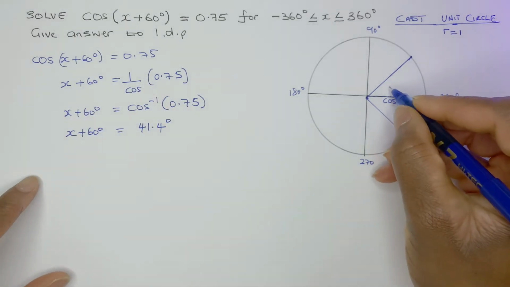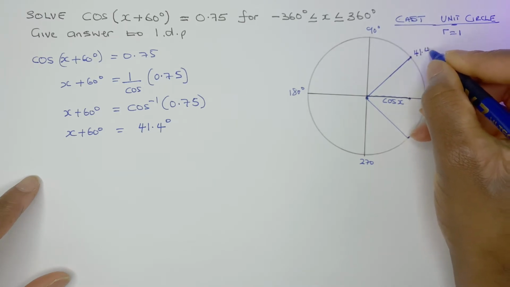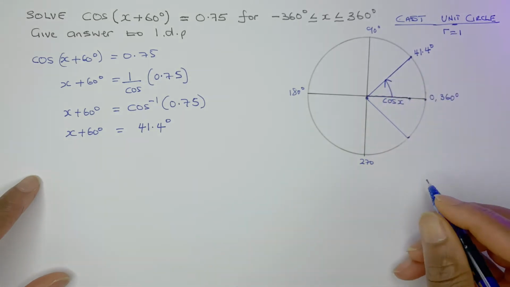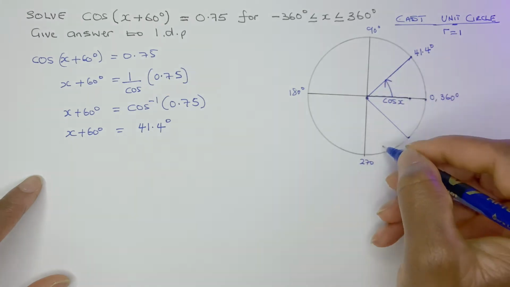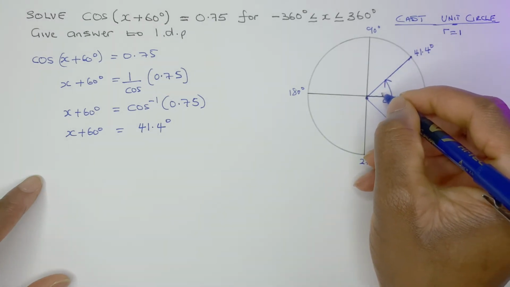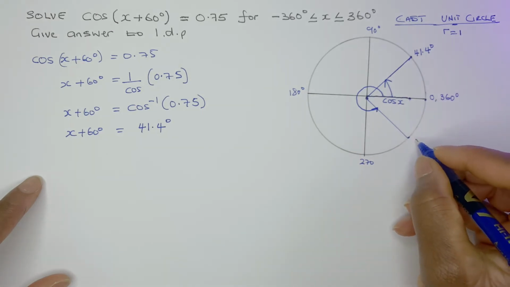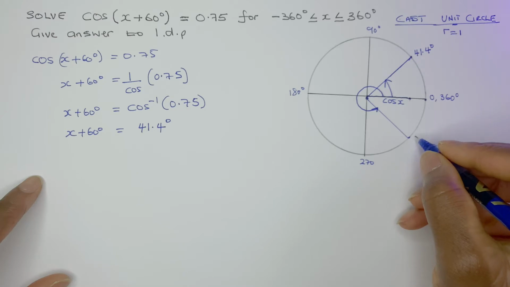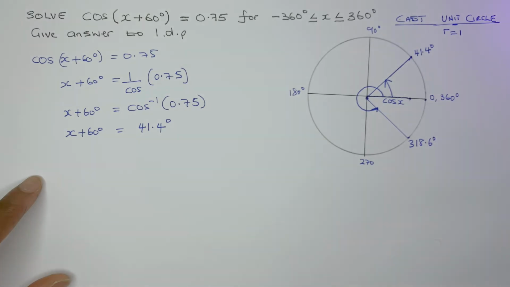So that's the point, which means the angle we're looking for is 41.4 degrees. I'm also looking for the angle that goes all the way to here. That angle is 360 minus 41.4, which is 318.6 degrees.